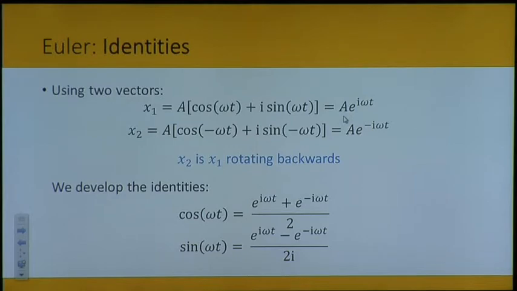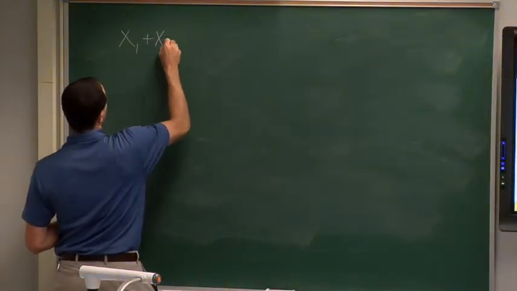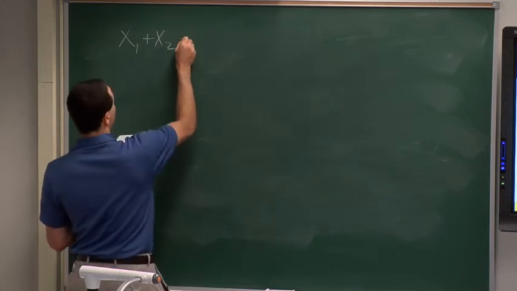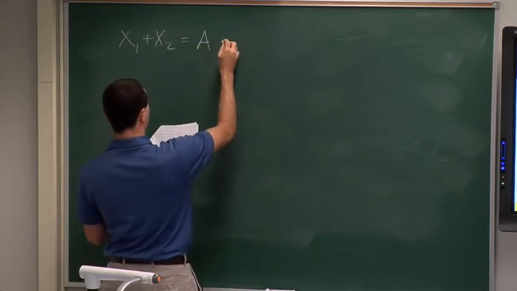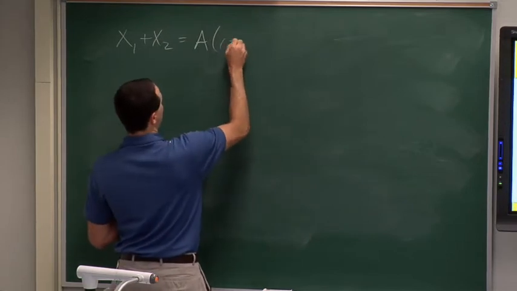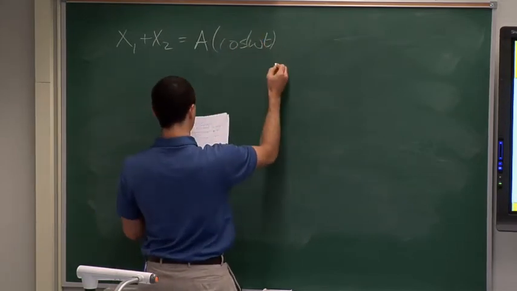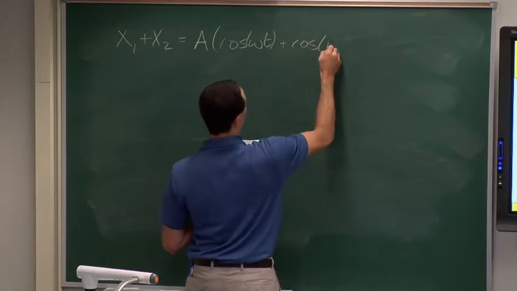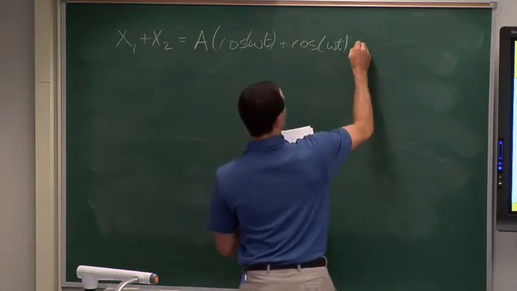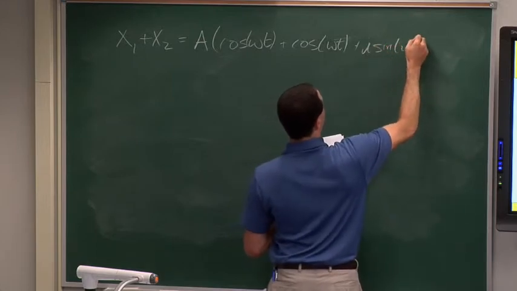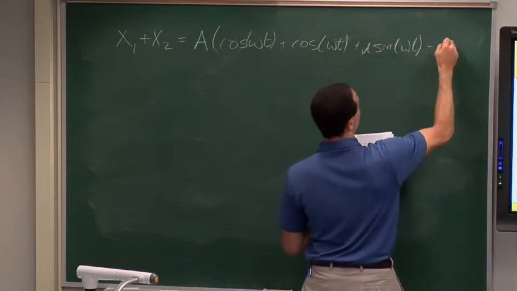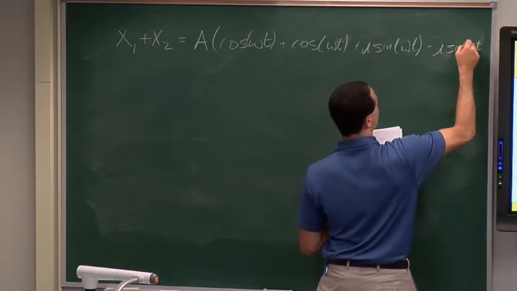So first, I'm going to add the 2 vectors together. So x1 plus x2 is going to be a, I'm just pulling the a out in front, and that is cosine omega t plus cosine omega t plus i sine omega t minus i sine omega t.